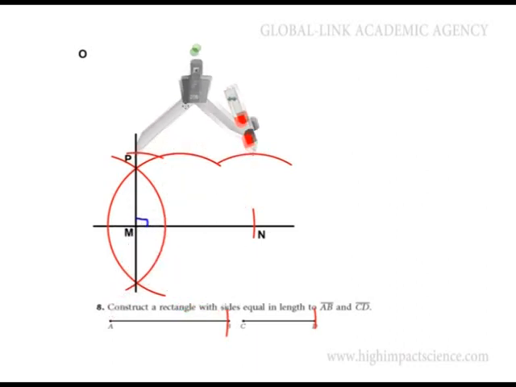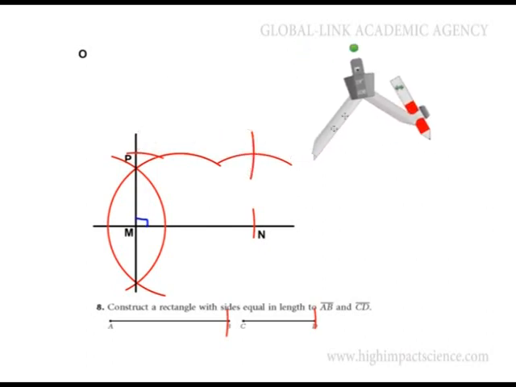Place the compass at P and cut an arc. That intersection is point O. Now just complete the rectangle. Now with that, you know you can construct a square.